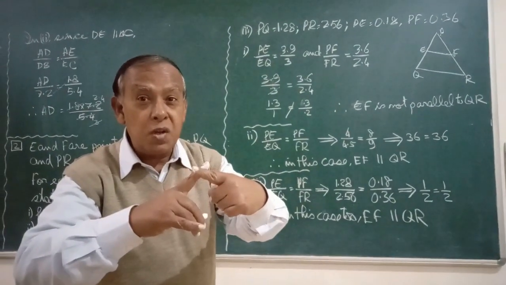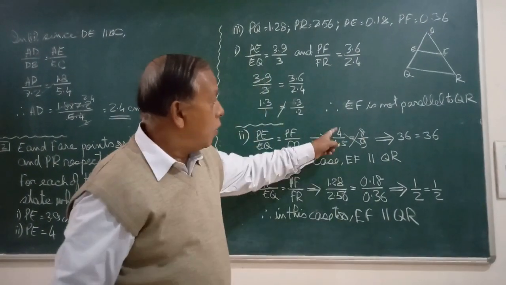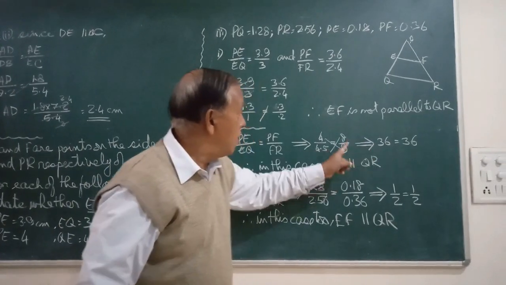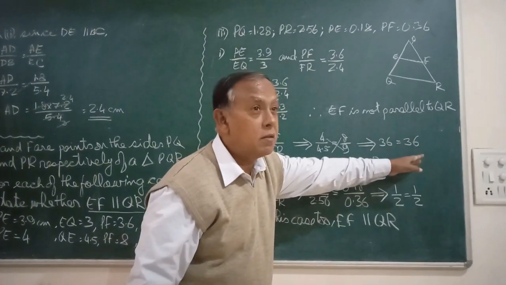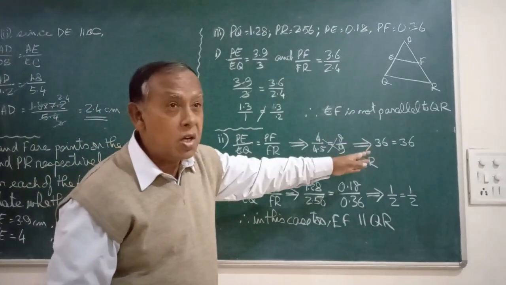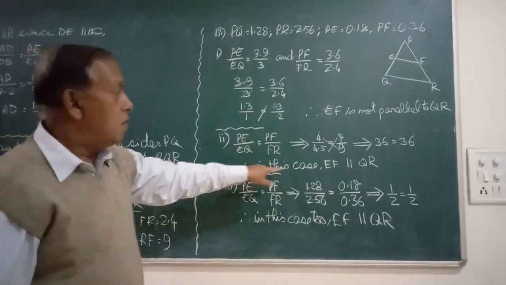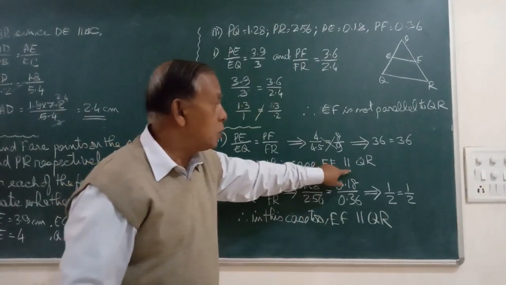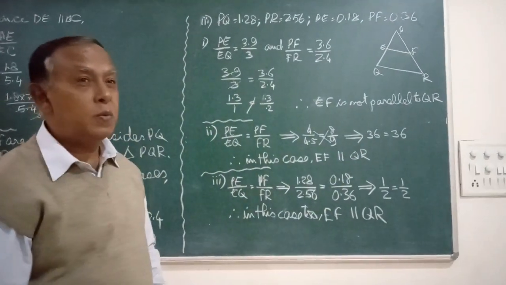Cross multiplication. 4 into 9, 36. 8 into 4.5, 36. Left is equal to right. Fractions, we have simplified. 36 is equal to 36. Therefore, the line EF is parallel to QR because both the sides are in the same ratio.